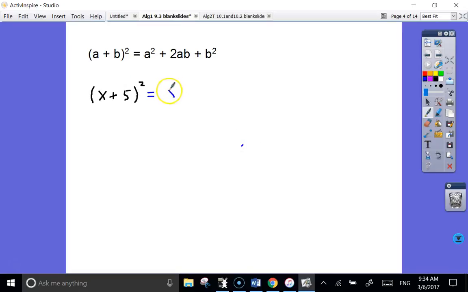So it'll be X squared plus 2 times X times 5 plus 5 squared, right? Which is X squared. How can I simplify 2X times 5? It's 10X.